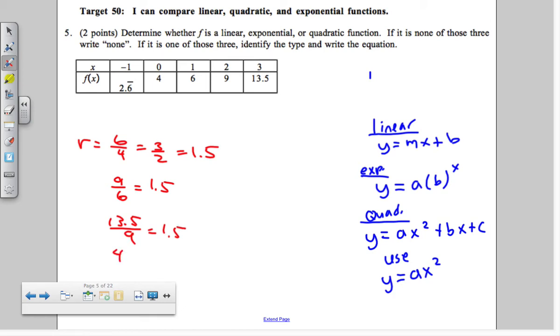If you did 4 divided by 2 2/3, you'd get that as well. So that's the common pattern here. You're multiplying by 1.5, or 3 halves. Since it's the same multiplier each time, this is going to be exponential.